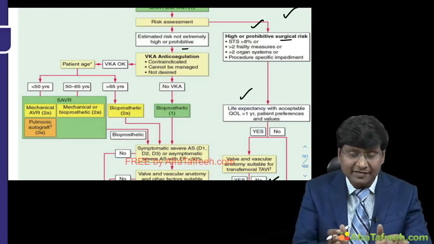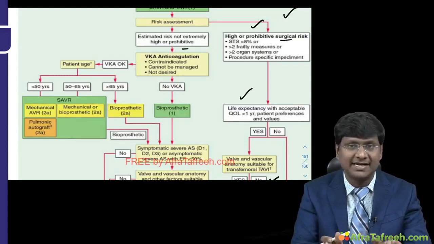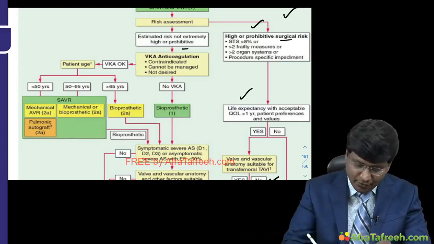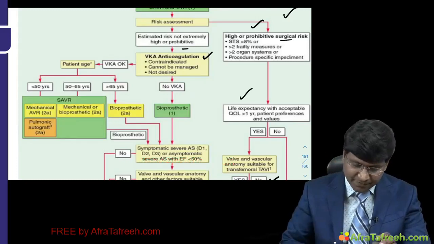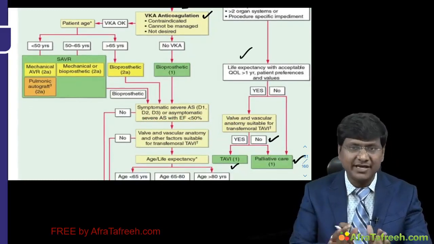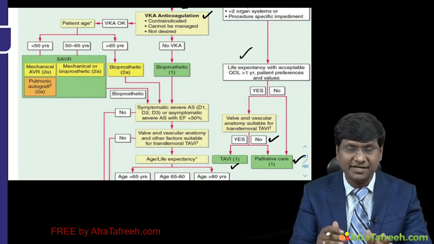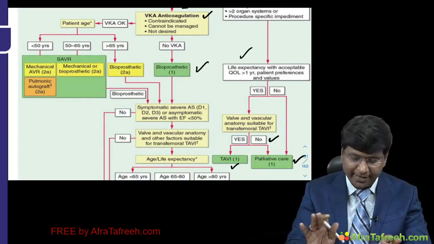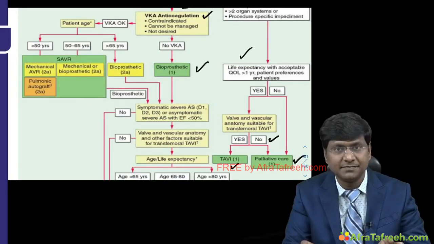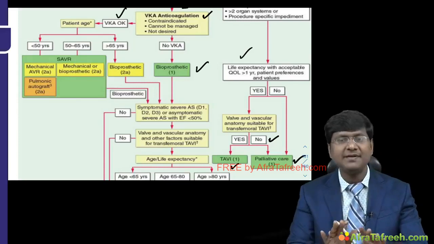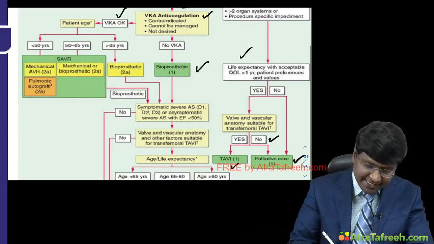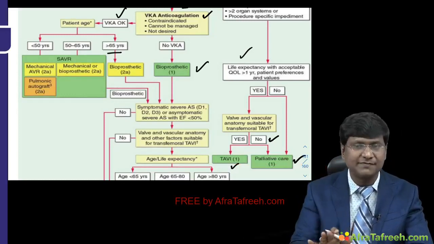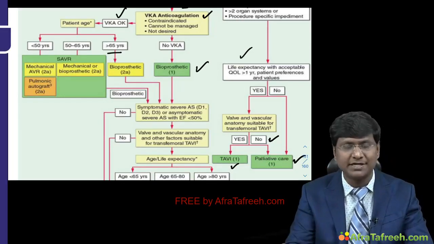Understood? But if the high risk or prohibitive risk is not that high, then you need to decide about the vitamin K anticoagulation. If the individual is in a state where he cannot take vitamin K antagonist, or if there is increased risk of bleeding, bioprosthetic valves are preferred, right? If vitamin K antagonists are okay, he is able to take that, then in such case, if the age of the individual is more than 65 years, preferable to go ahead with the bioprosthetic valve.